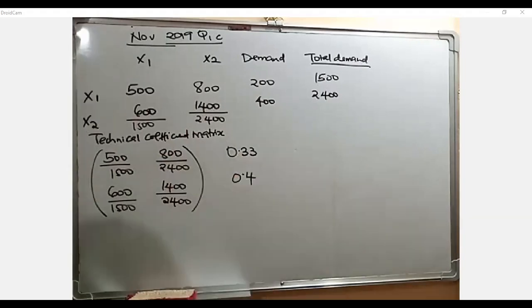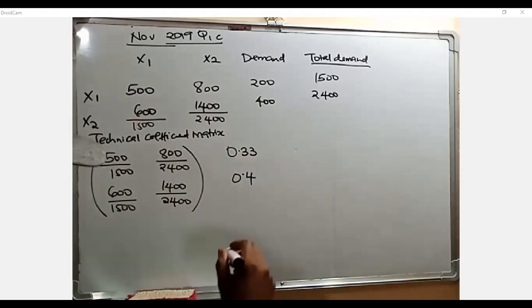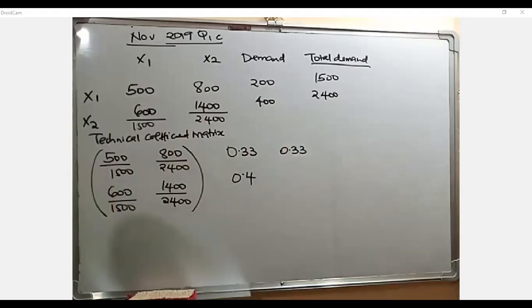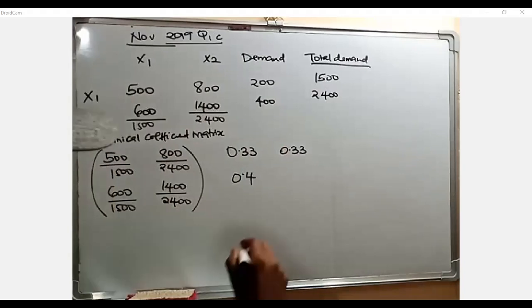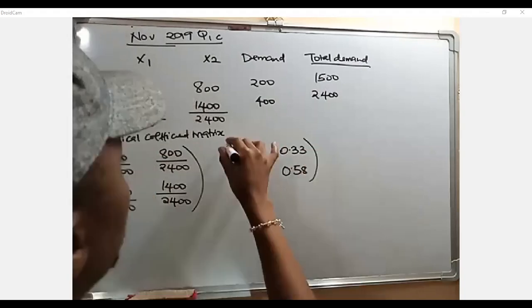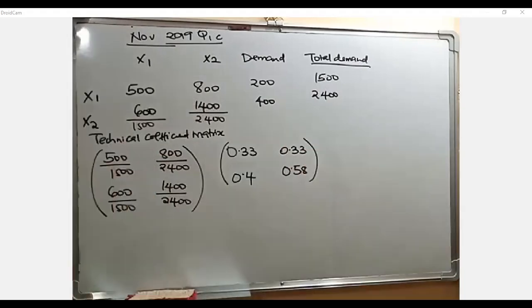The other one is 800 divided by 2400, also giving 0.33. Then 1400 divided by 2400 gives 0.58.